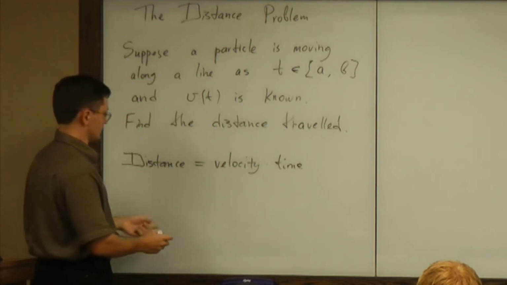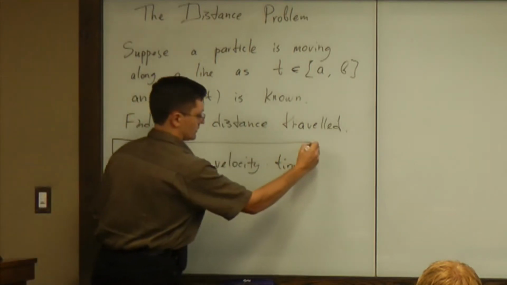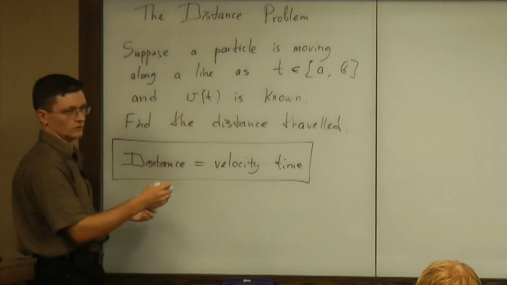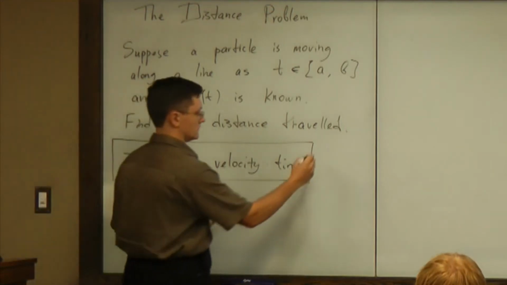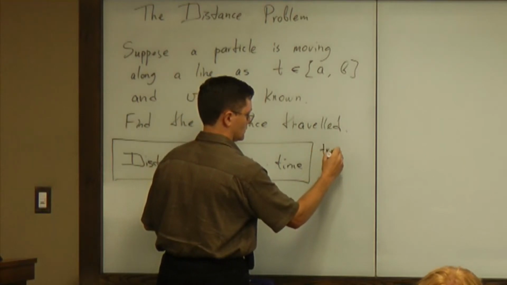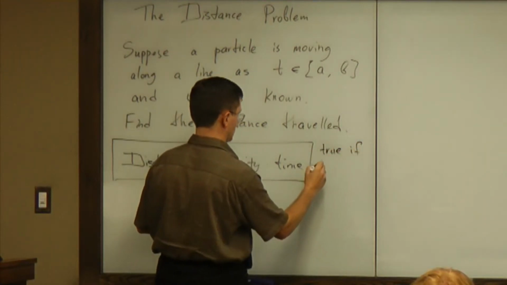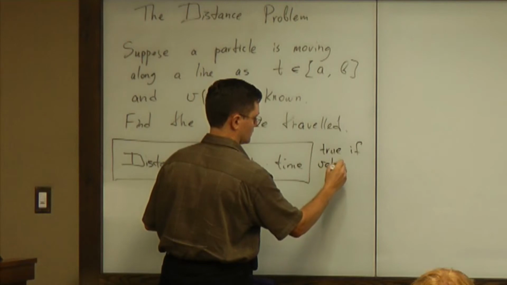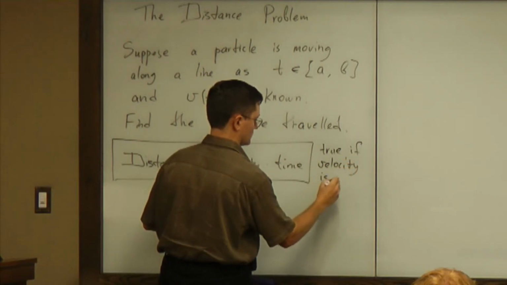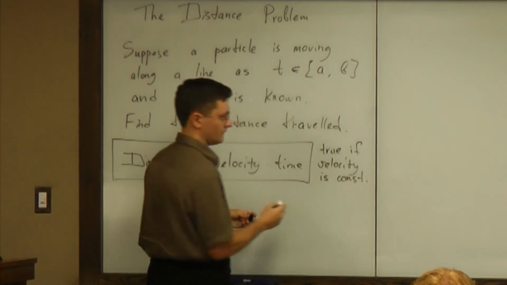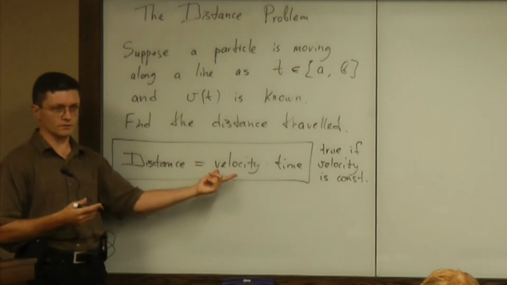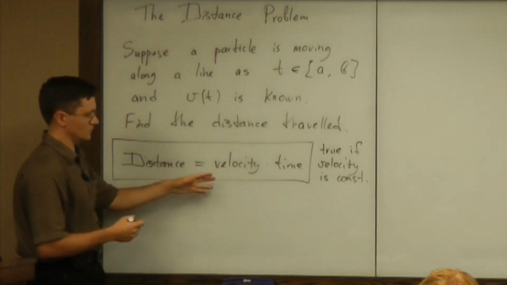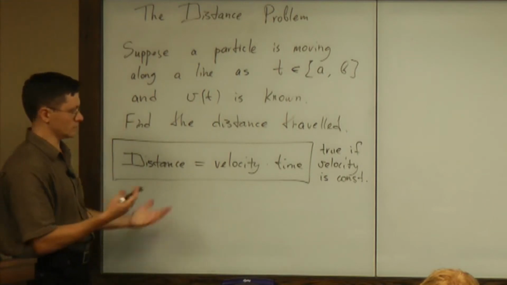The problem about this formula is that it only holds if the velocity is constant. Right? So this is true if velocity is constant. And if velocity changes, well, you don't know which velocity to use in the formula, and that's where we have to do some work.